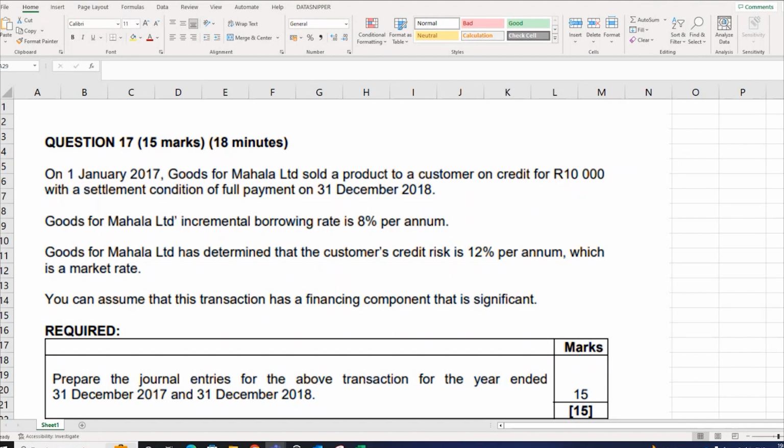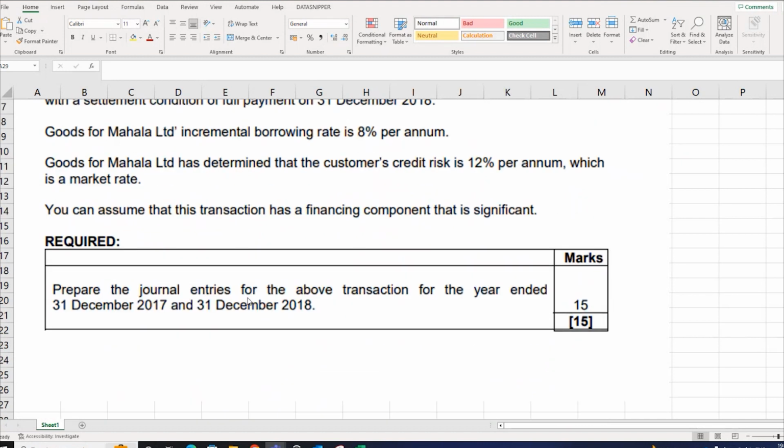And in that principle, you see these two interest rates that they gave you there. You need to know which one you're going to use to be able to determine this transaction price. And it's always going to be the one that reflects the customer's credit risk.